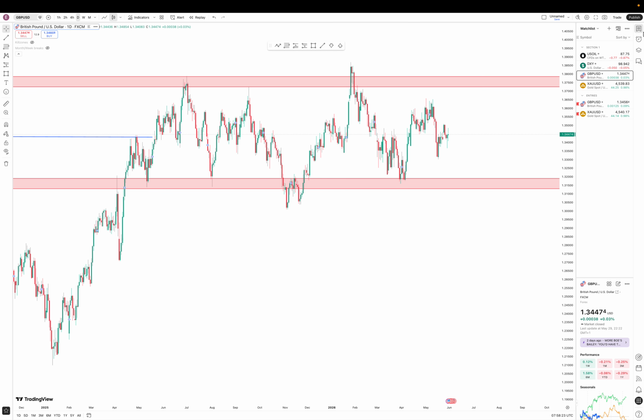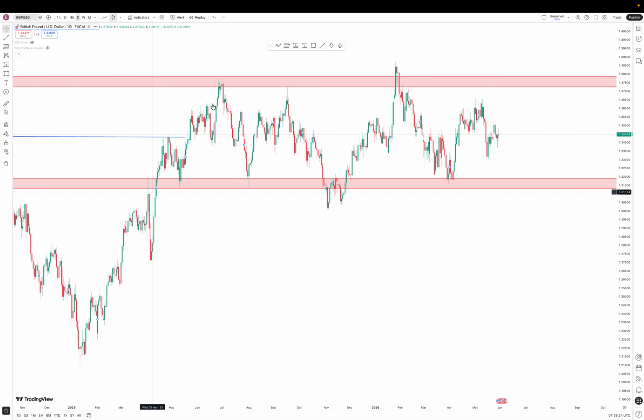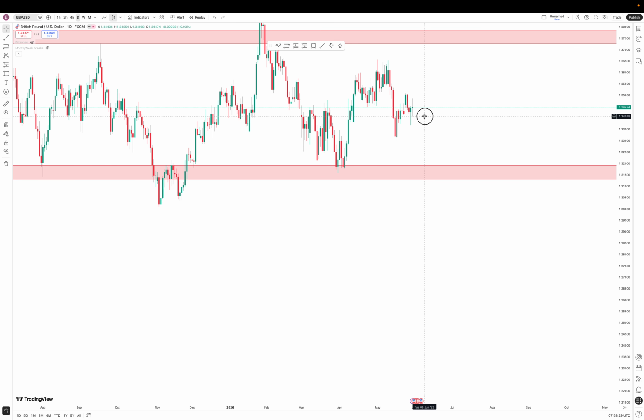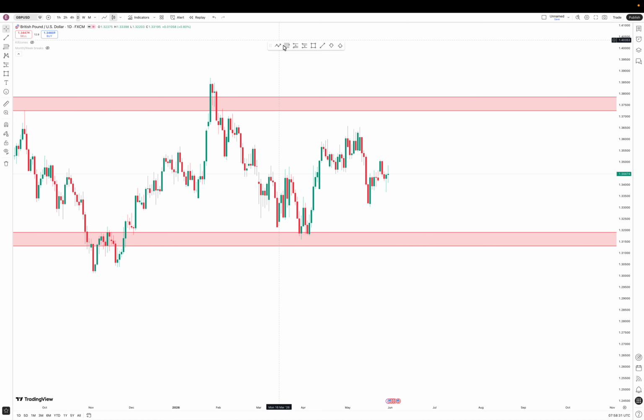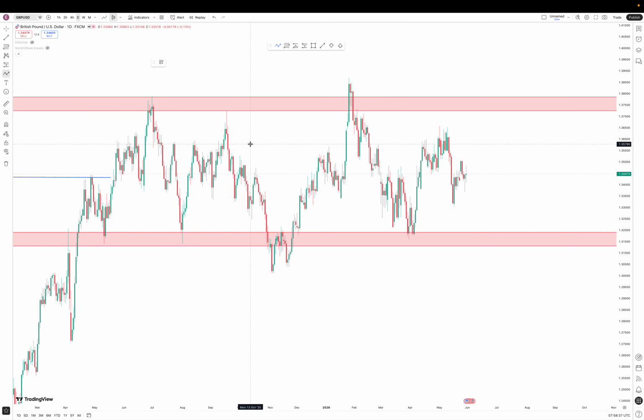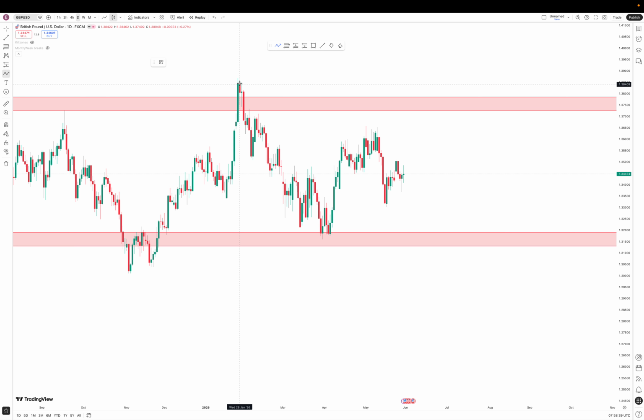This is GU. So yeah, let's see what we can find. Starting from the resistance, we had a push to the downside, a seller's reaction.